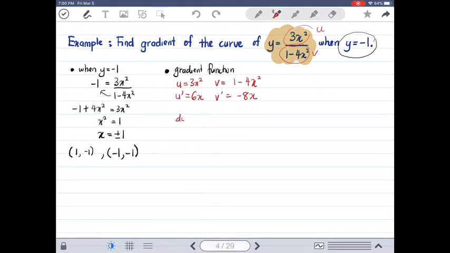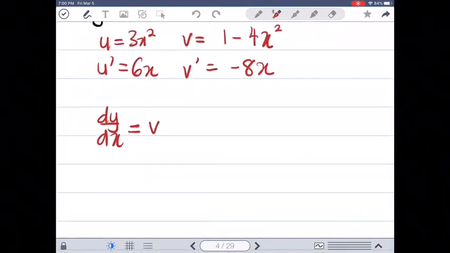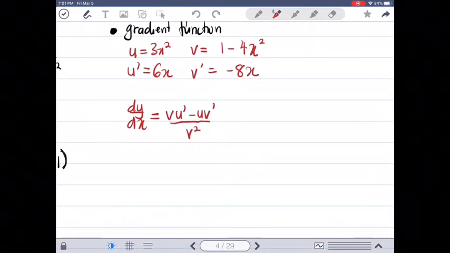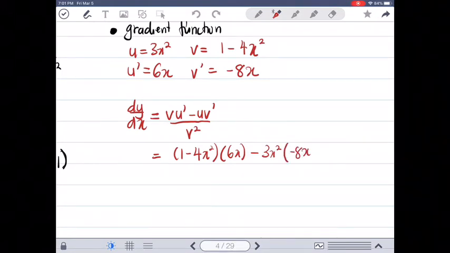Which means that dy over dx is equal to vu prime minus uv prime over v squared by the quotient rule. So this is just equal to our v, which is 1 minus 4x squared, times u prime, which is 6x, minus u, which is 3x squared, times v prime, which is negative 8x, over v squared.